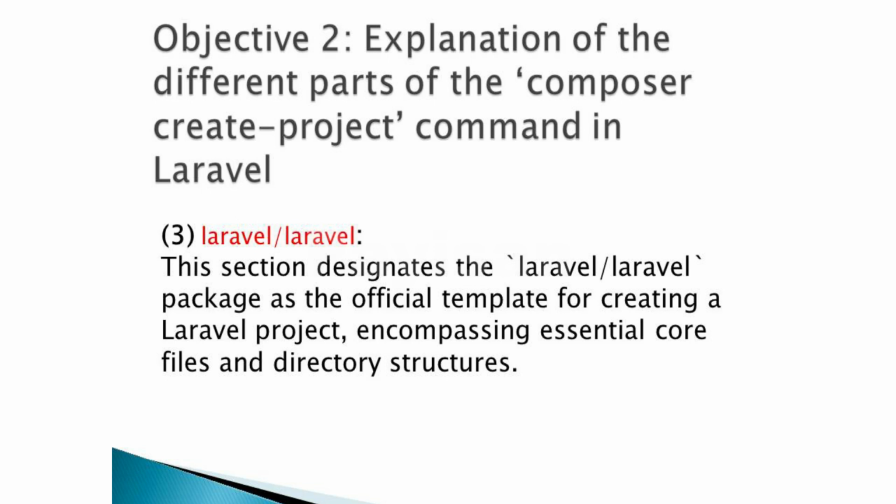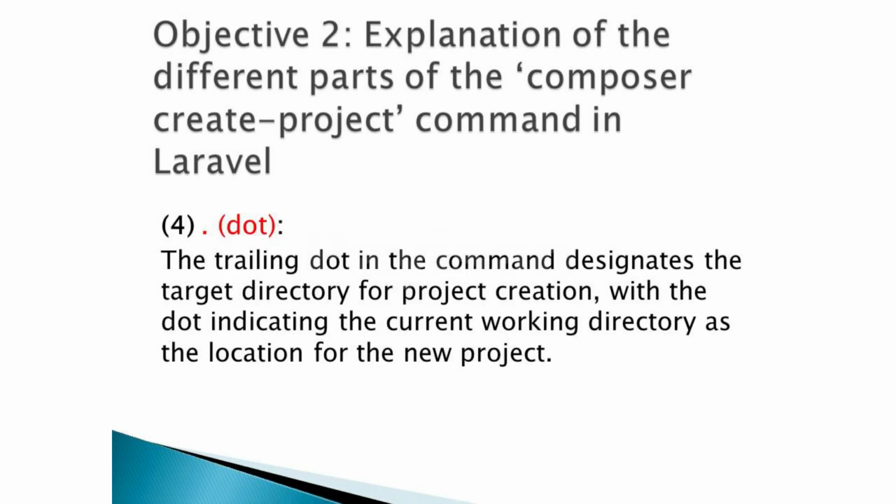Next, that dot at the end of the command means put the project in the current folder we are working inside, and that current folder is open in our Visual Studio Code editor. So that is all.